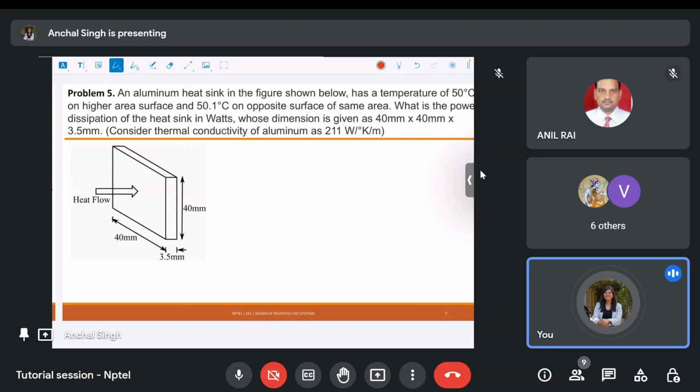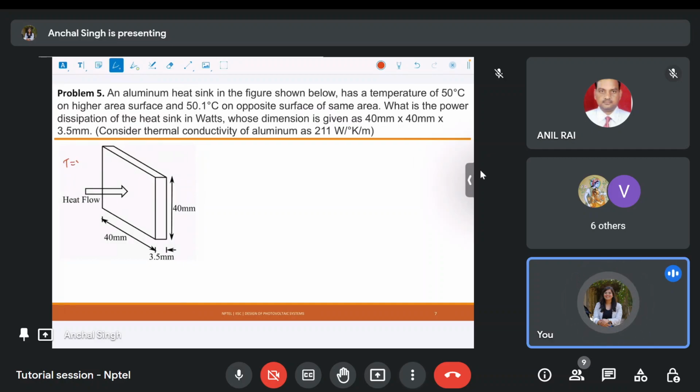An aluminium heat sink in the figure shown below has a temperature of 50 degrees Celsius on one surface. Let us say here the temperature is 50 degrees Celsius, and on the other side it's 50.1 degrees Celsius. What is the power dissipation of the heat sink in watts?